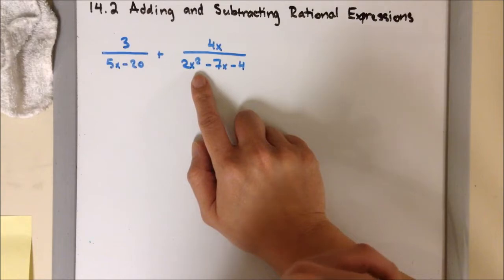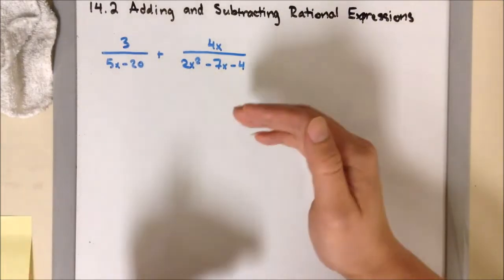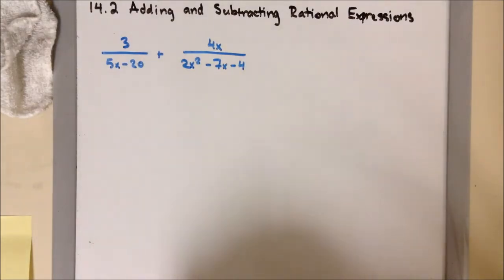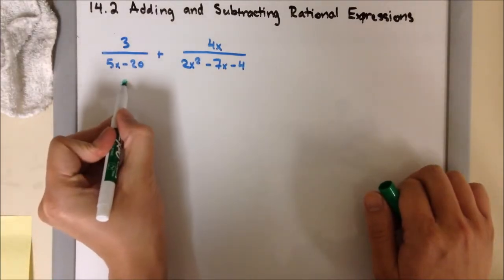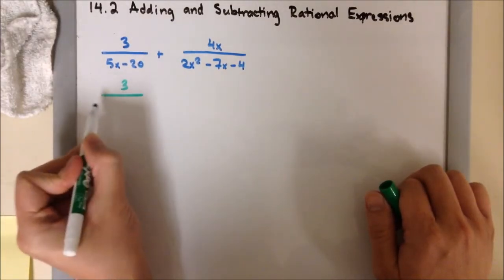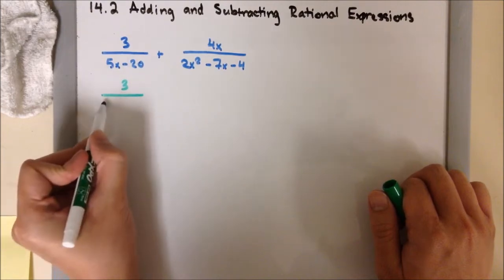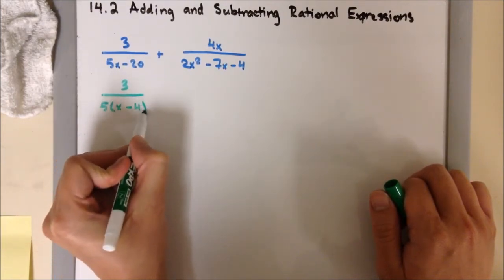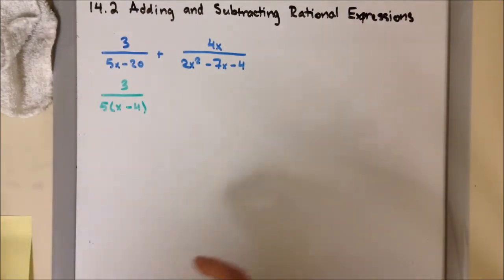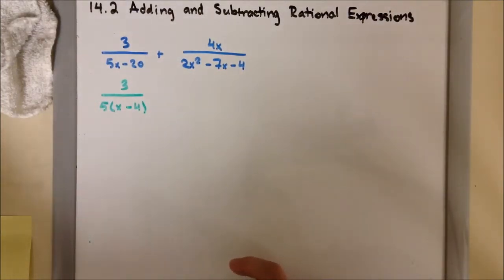I do recommend that you do the work in your notes so that you can understand the whole process of how we get these factors. Now for the first fraction, if you factor by a GCF, in the denominator you will get 5 times x minus 4. That's the first fraction factored out.